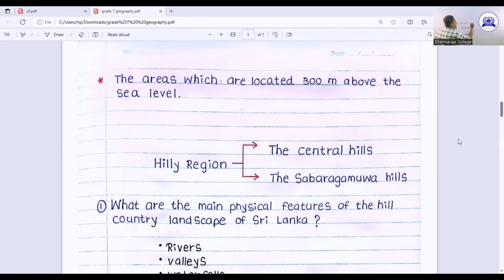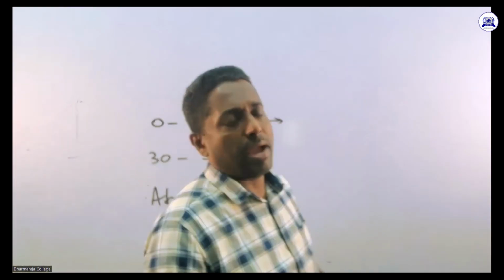What is this? From 0 to 30 meters, they belong to the coastal area.